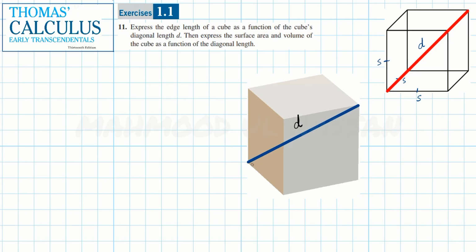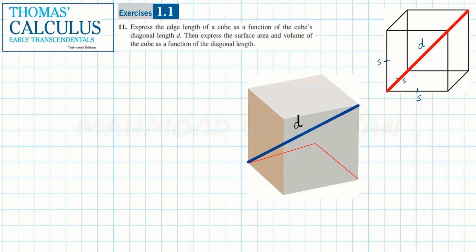Now we are going to the base of this cube. This is going to be the base of this cube. So the diagonal of the base is going to be this one.